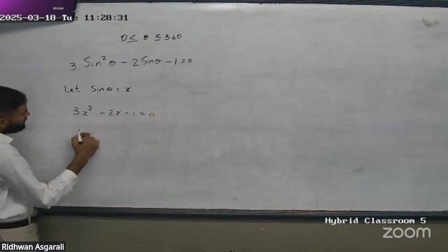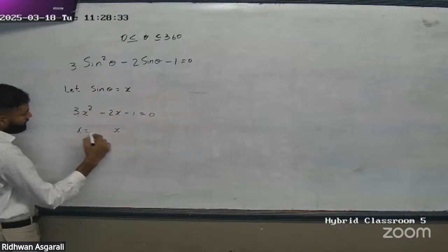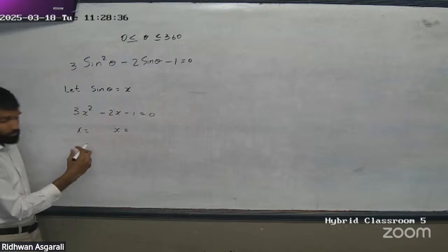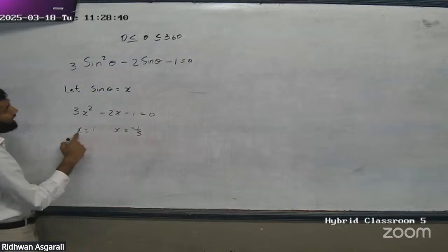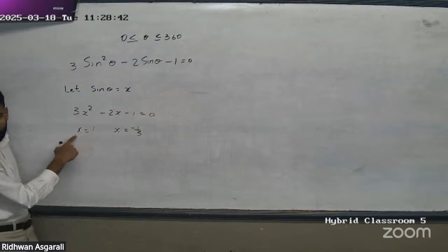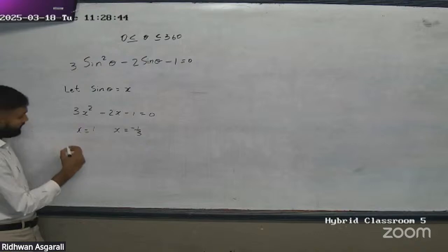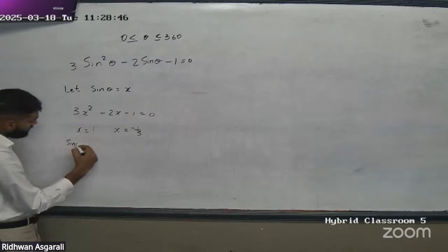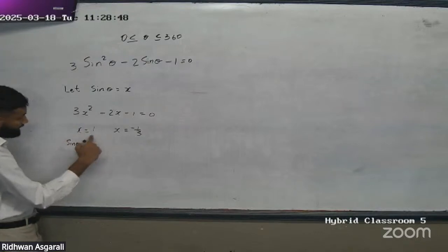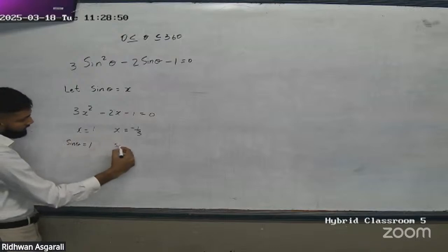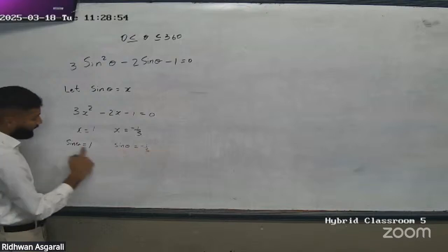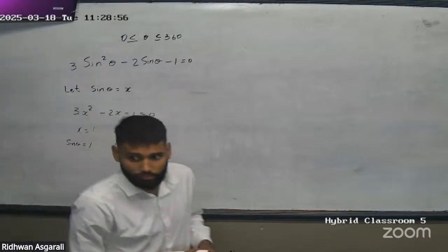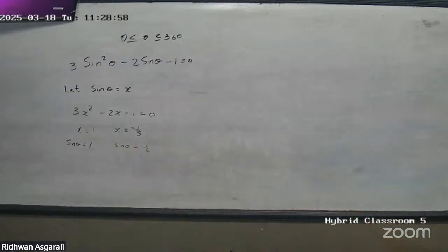What are you getting, the two x values? 1 and negative 1 over 3. X is what? X is sine theta. Sine theta is equal to 1. To find the values for theta, you can put down.